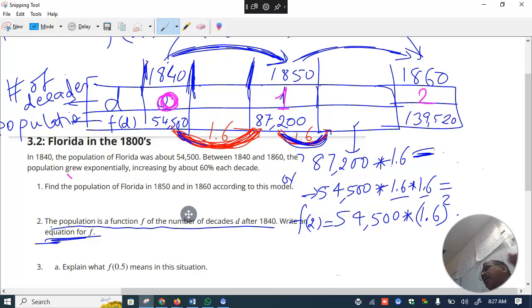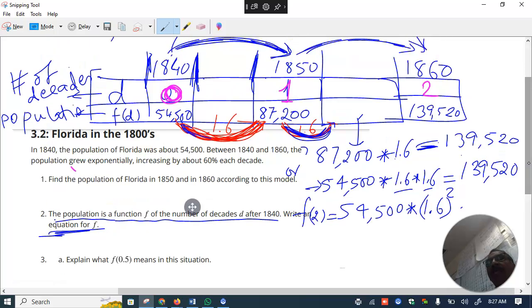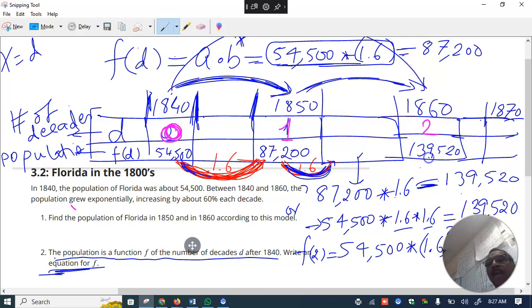It means 2 decades since 1840. Does it make sense to you? So the answer is 139,520. Both answers give you the same thing. So we can now conclude that every time, if I want to figure out the next decade, which will be 1870, one more 1.6 will be multiplied.